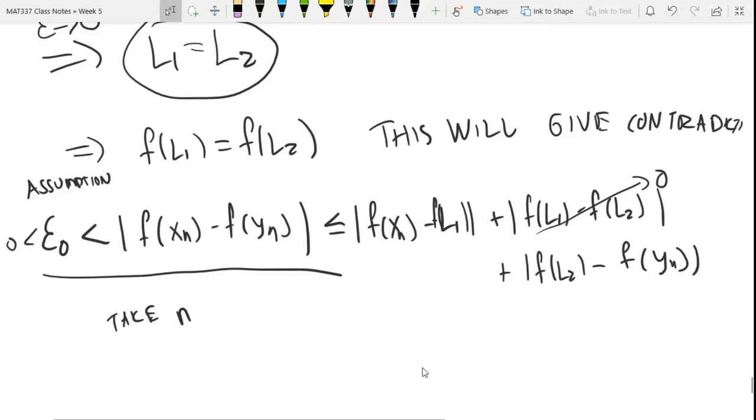This one is 0 from above, so you just have to estimate these guys.